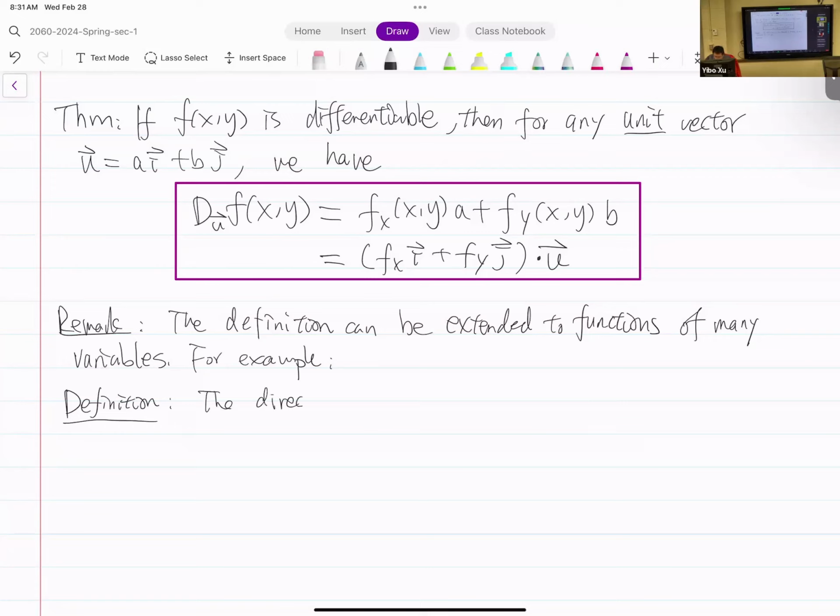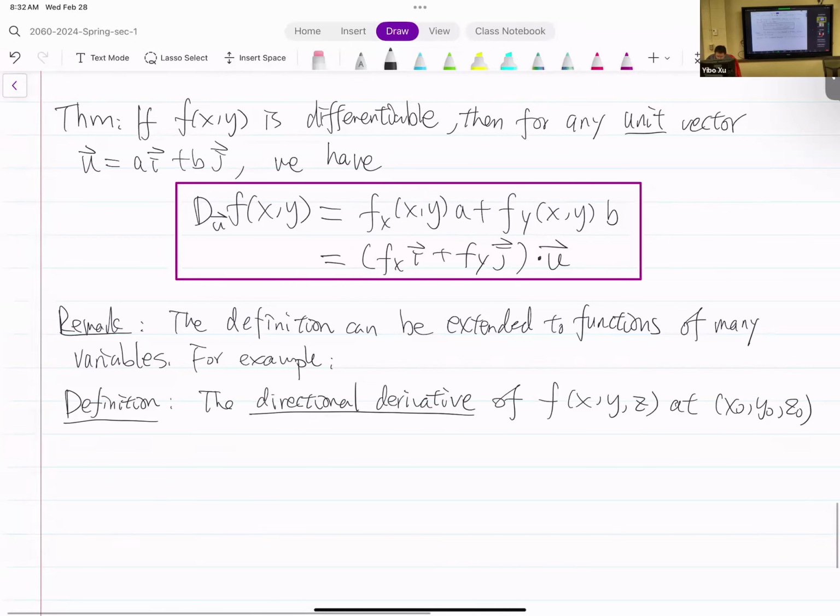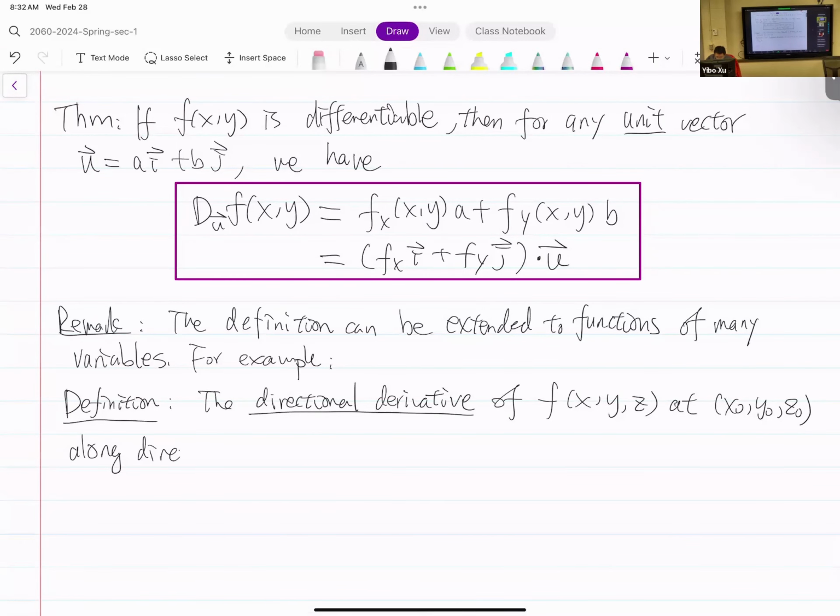The directional derivative of, let's say, a 3 variable function f of x, y, z at the point x0, y0, z0 along the direction of unit vector, let's say u. So now here we have three variables, right?